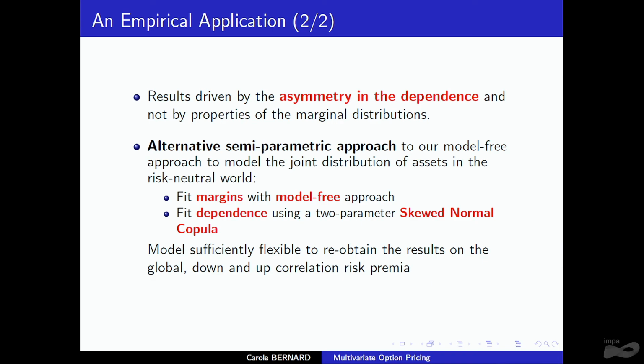And we give a small model that can explain some asymmetry that we show in the paper, which is simply modeled using a 2-parameter skewed normal copula, which already explains a lot to model this 9-sector of the S&P.